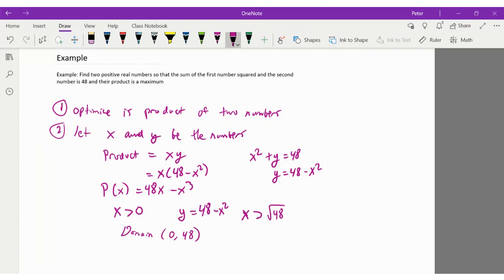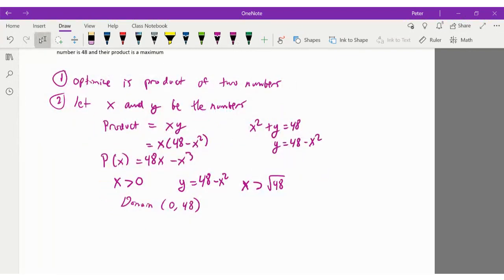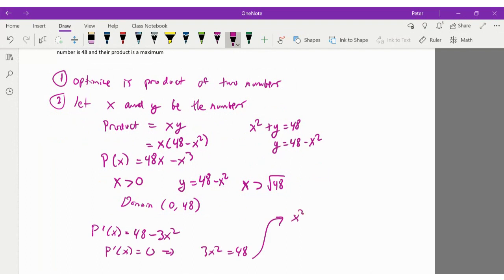So here, of course, we can just find P prime of x equals 48 minus 3x squared. So P prime of x equals 0 implies that 3x squared equals 48, or x squared equals 16, or x equals plus or minus 4. It's only plus 4 because we're looking for positive numbers.